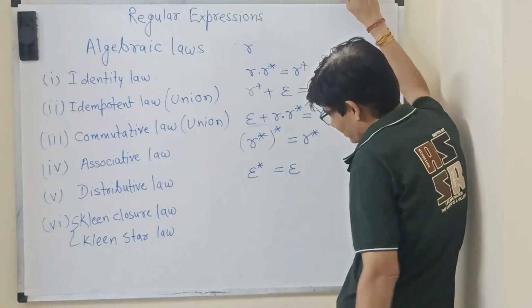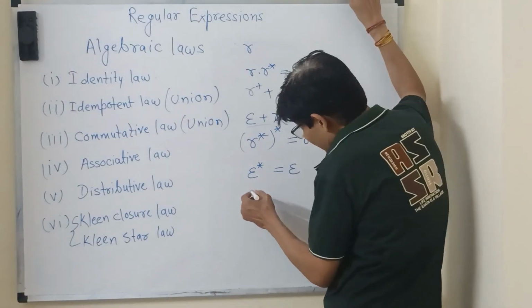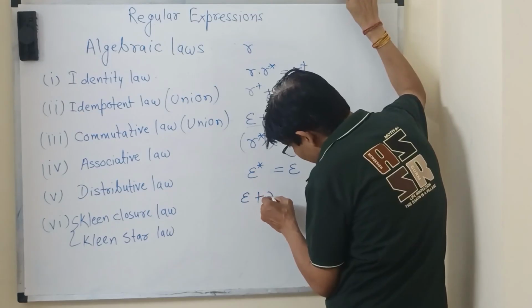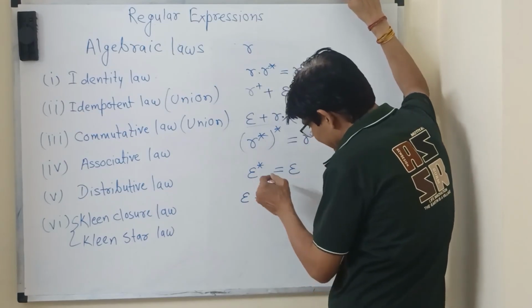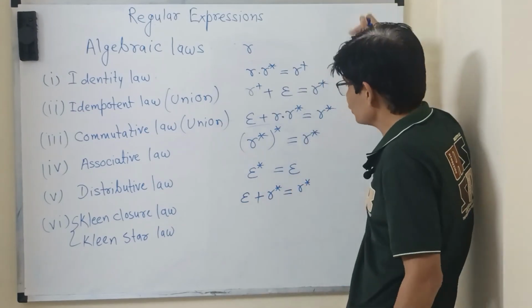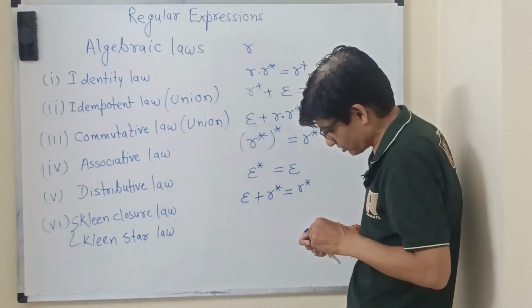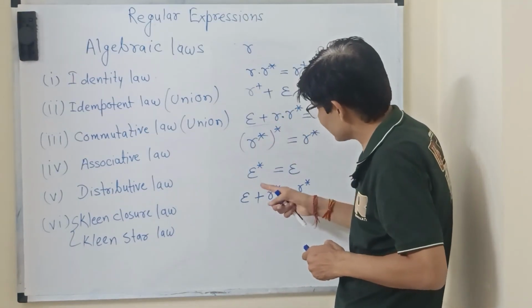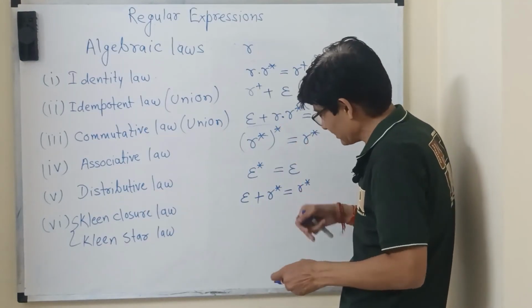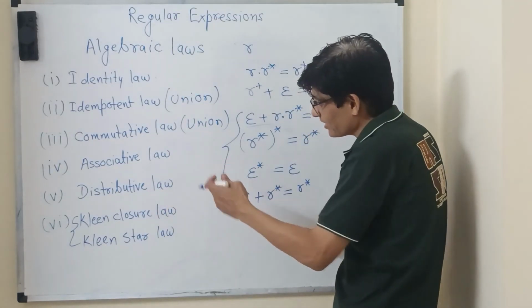Similarly, if we take the union of epsilon and the Kleene closure of R, it will again give us the Kleene closure of R. These four laws are related to the Kleene star law.